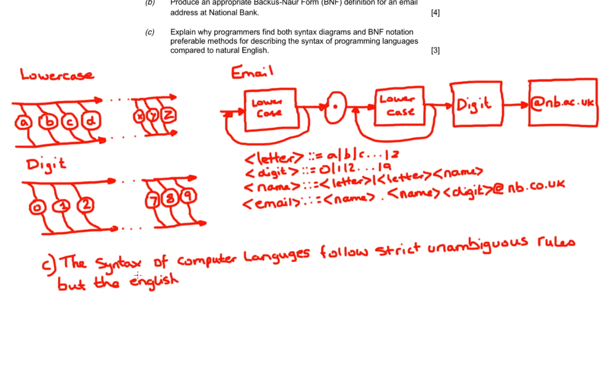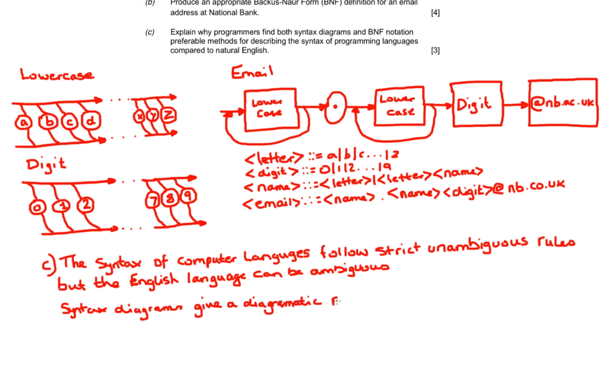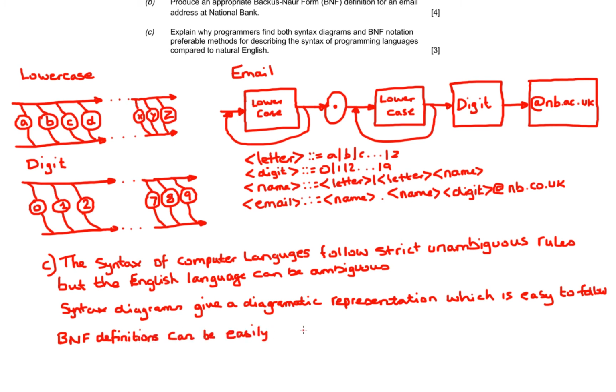But the English language can be ambiguous. Syntax diagrams give a diagrammatic representation which is easy to follow, especially for novice users, because often a picture is worth 1,000 words. And finally, due to the unambiguous nature of Backus-Naur form, definitions can be easily coded when you're writing a compiler. And there's 3 points for our 3 marks.